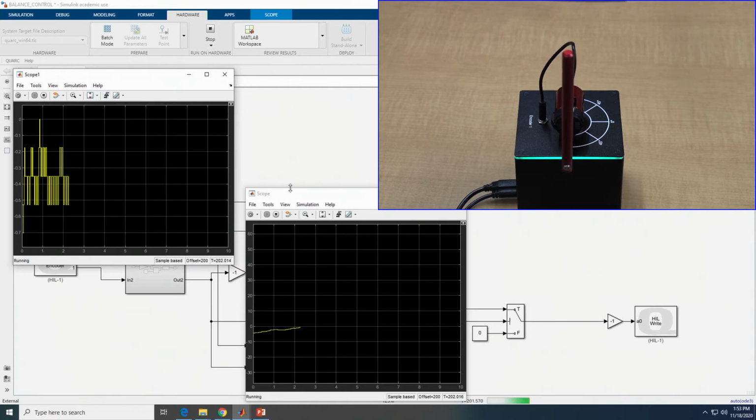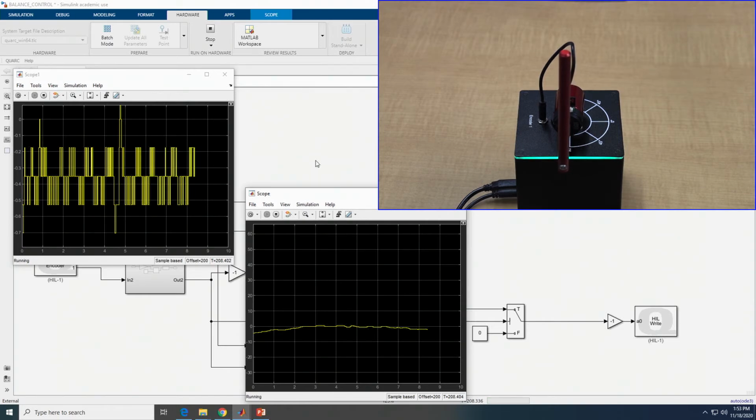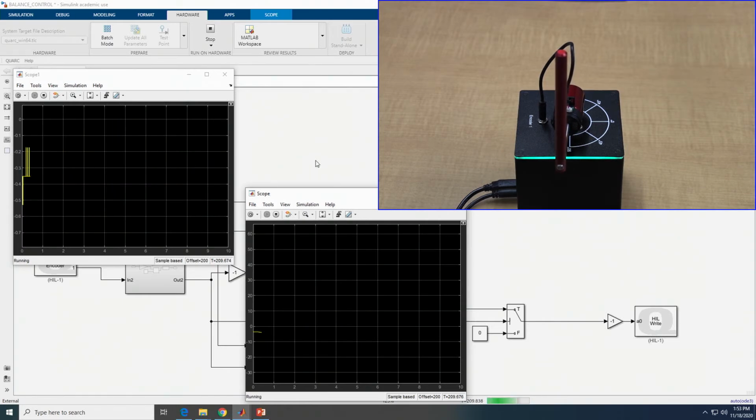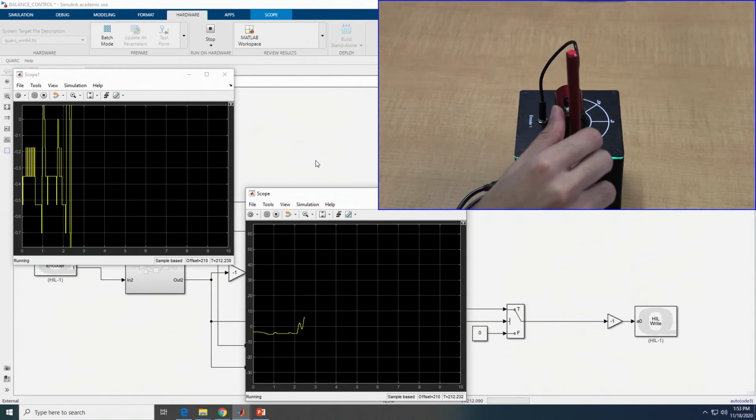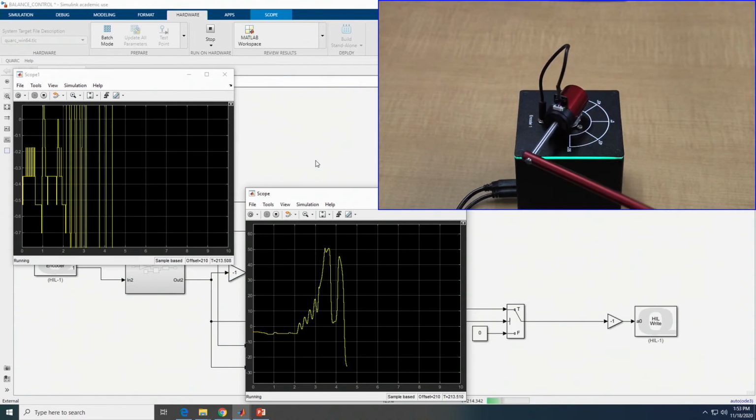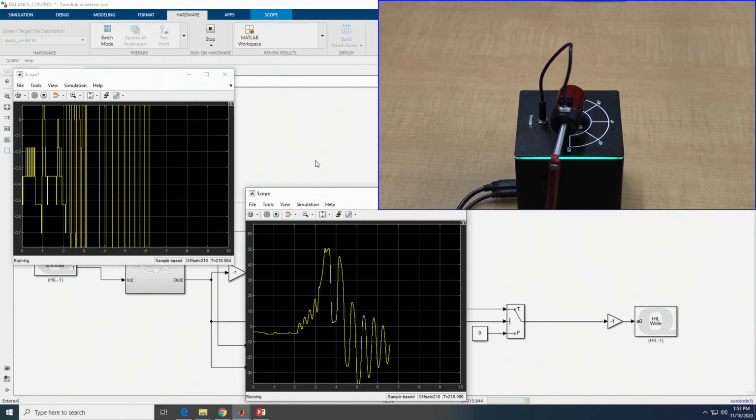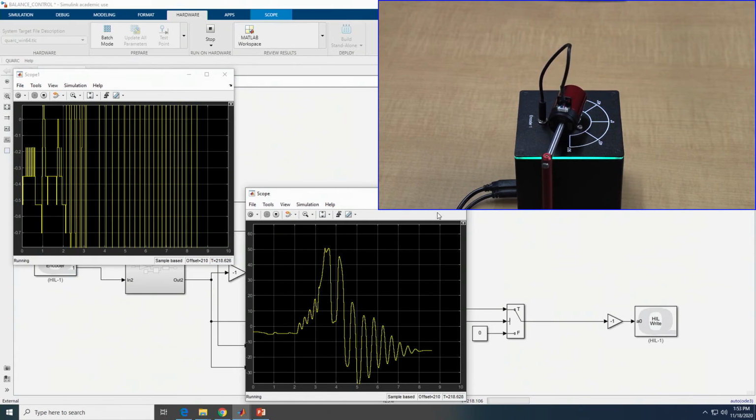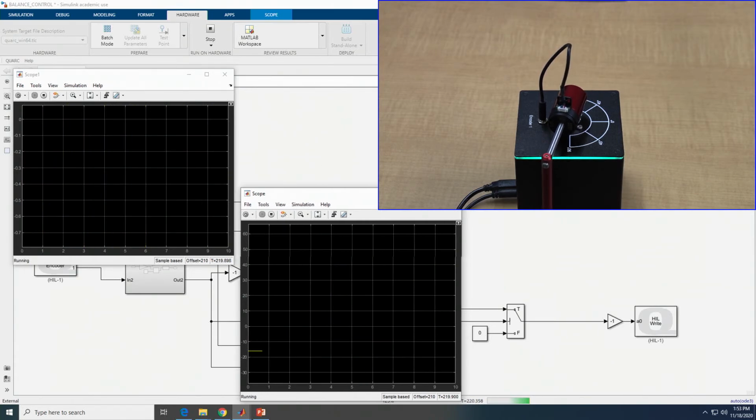Now if I try to rotate the pendulum so that its angle value goes beyond the -10 to 10 degrees range, the pendulum basically falls off, and this is because the switch turns off the control input.